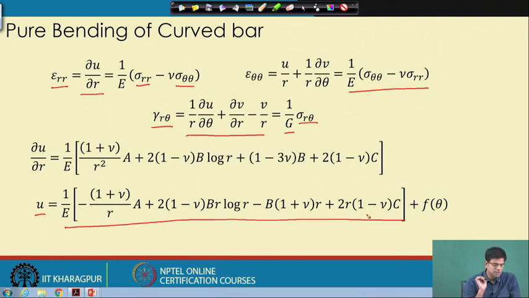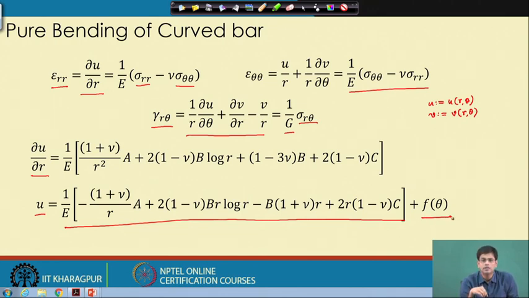Since u is a function of r and theta, and v is also a function of r and theta, we are integrating with respect to r. So, the integration constant will be a function of theta.